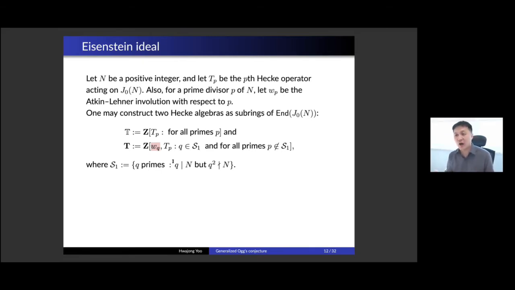When L is odd, plus 1 and minus 1 are always different, so we can factor this quadratic relation into linear ones, which is useful. That's why we use this bold T, this Hecke ring, instead of the usual one.